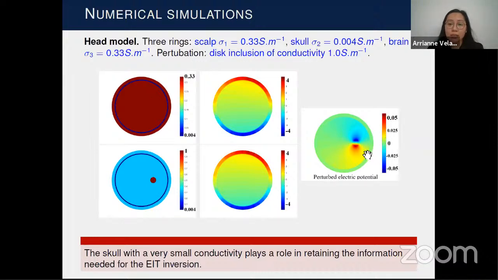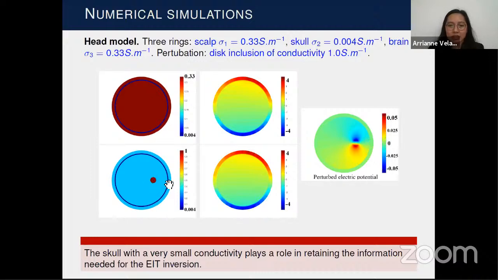We can attribute that behavior to the very low conductivity of the skull. In fact, we can say that the skull with a very small conductivity plays a role in retaining the information needed for the EIT inversion, because there is almost no change in the electric potential even if we perturb the conductivity in this domain.